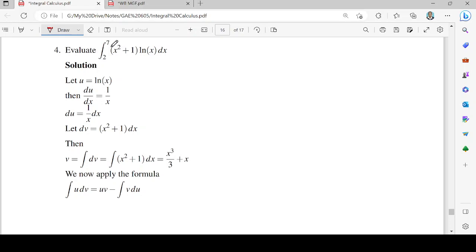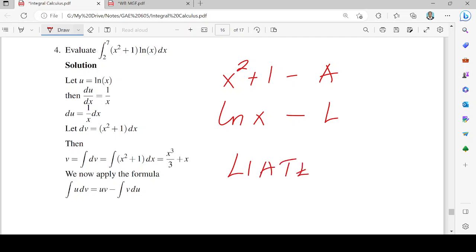So here we have x squared plus 1, which is an algebraic function, and we have logarithm of x, which is a logarithmic function, L. So when you check in the acronym, you'll notice that L comes before A. So u is chosen to be the logarithm, then dv is the other function, the algebraic function.